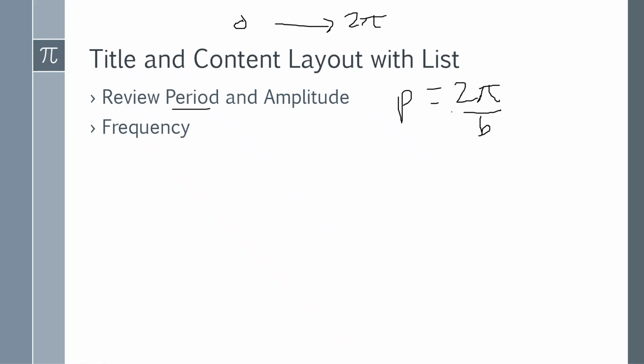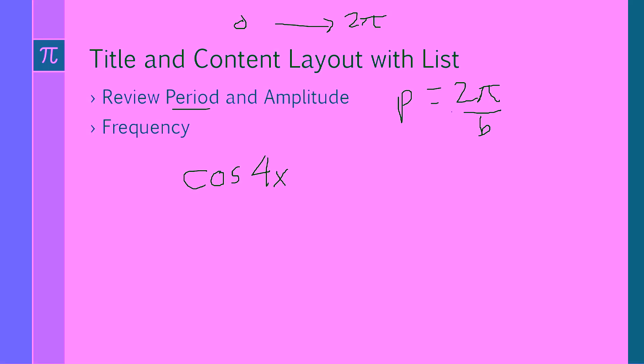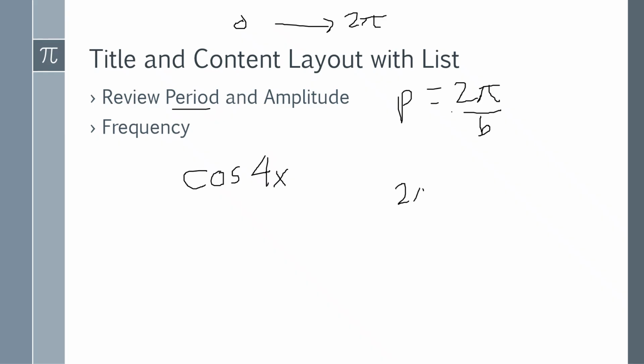For example, if I was to say cosine of 4x, the period is going to be 2 pi divided by 4. So 2 divided by 4, I know I could simplify that to 1/2. And that will be the period.